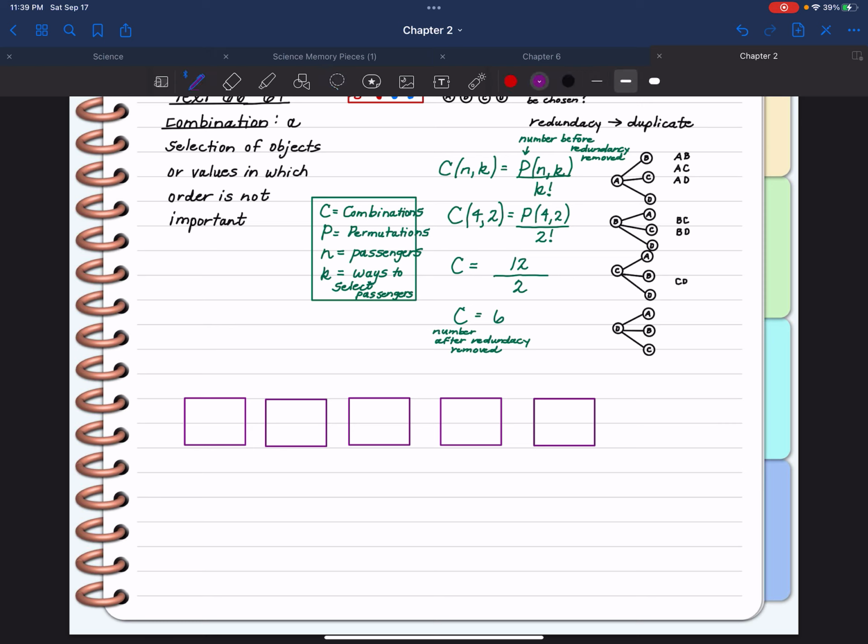But here's what we're going to do. We're going to do the combination of the number of passengers here, that's 4, Adams, Bennett, Clark, and Davis. And then the number of seats available are just 2. So let's put this in the calculator. All clear.